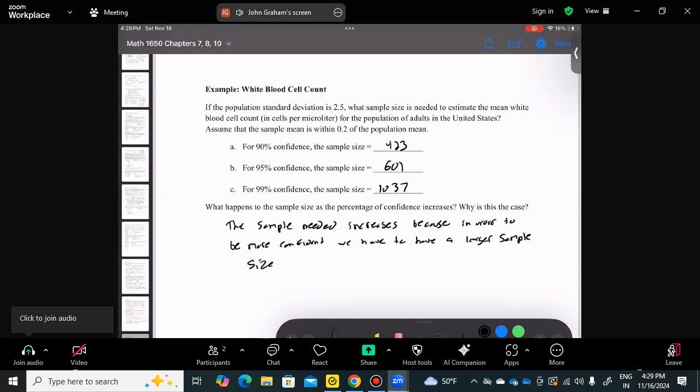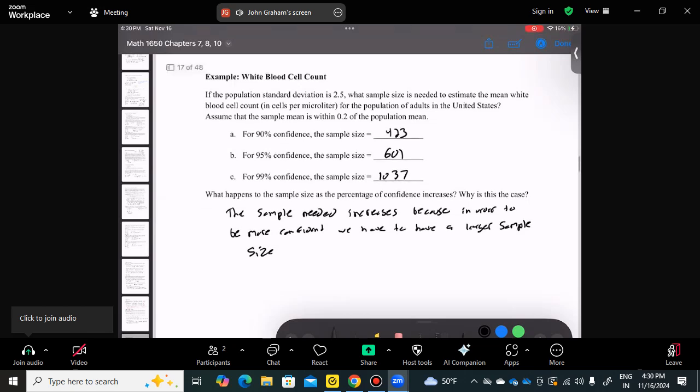If we sampled everybody, we can be 100% confident. If we sampled only one person, it's such a small sample size, we're not confident that's going to end up a true answer or not. Right, so the more you sample, the more confident you can be. Okay, the values we find are the minimum.